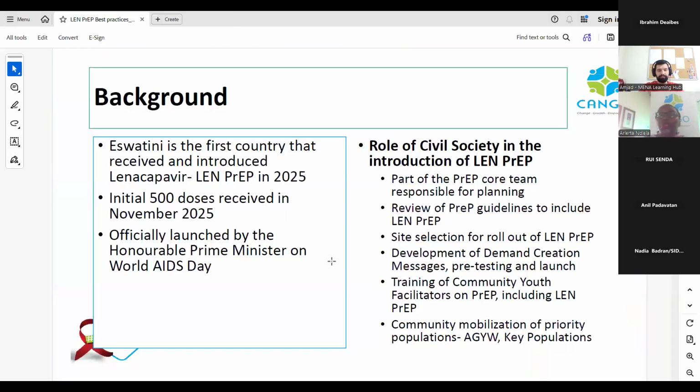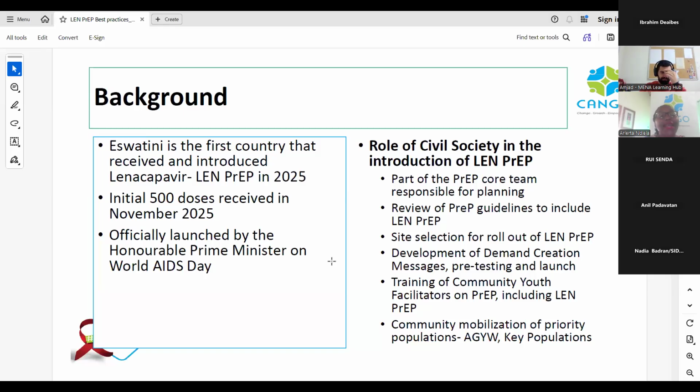As part of the response to the HIV prevention efforts, Eswatini is one of the countries that received and introduced Lenacapavir in December 2025. Eswatini has been progressively trying to respond to reducing HIV infections, as I've mentioned in the statistics of our HIV response.